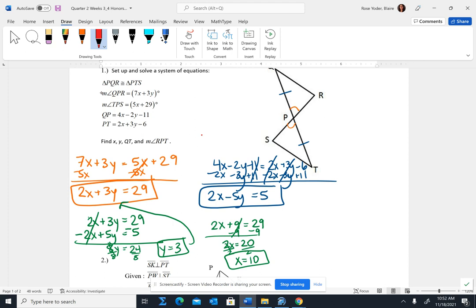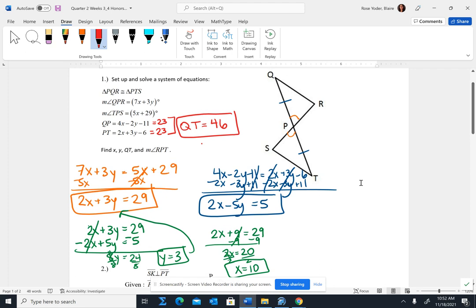So 29 minus 6 is 23. So I know that QP should be 23 as well, which means QT should be 46.